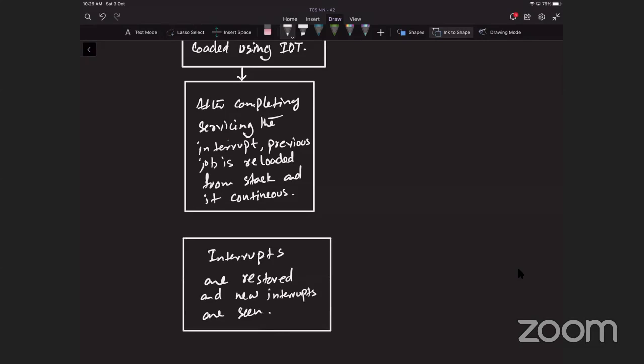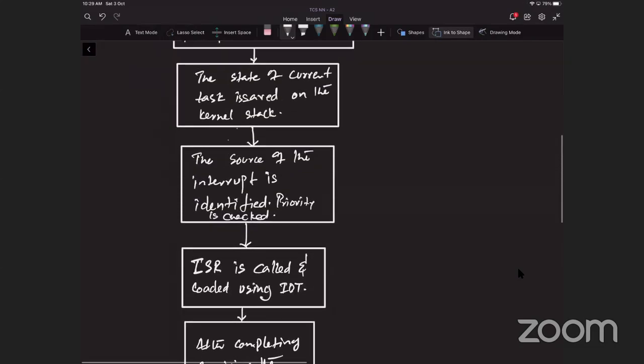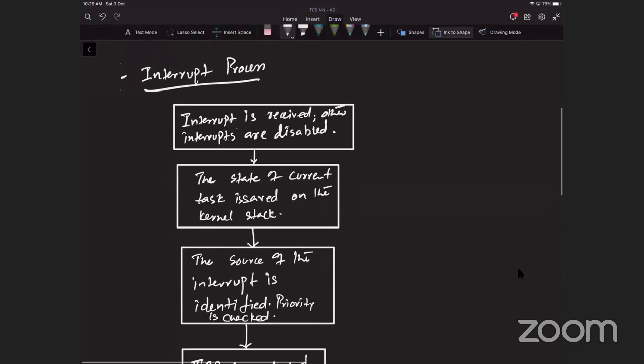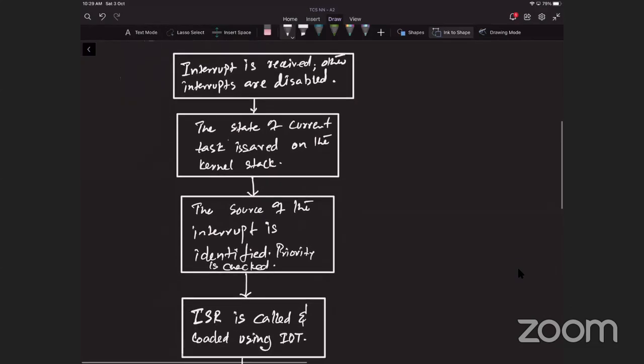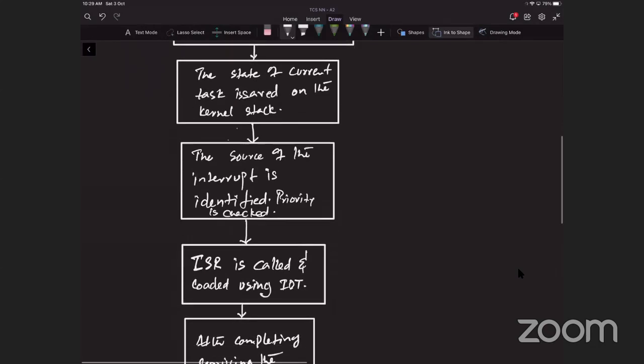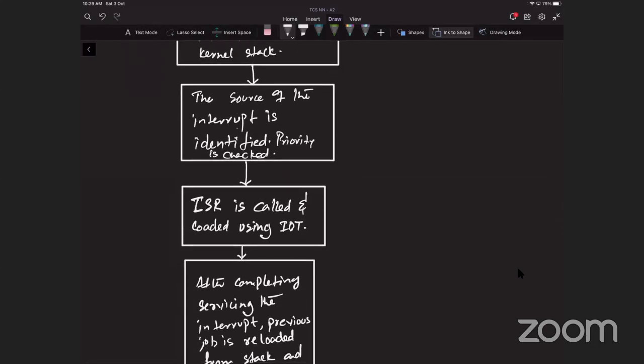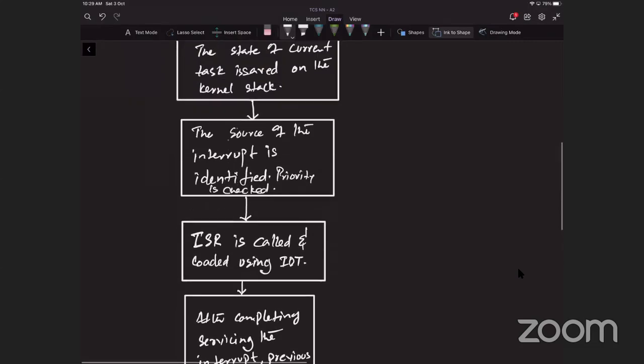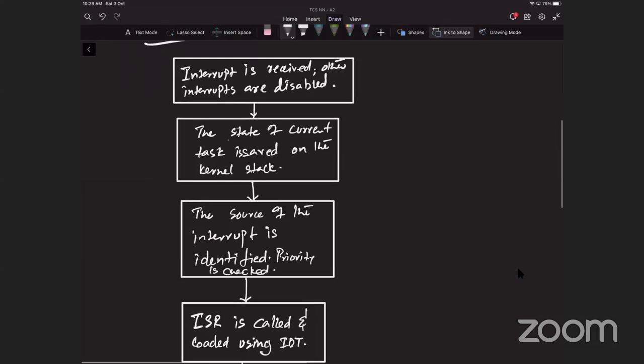So this is basically an addition to the previous understanding of ours. So an interrupt is received, other interrupts are then disabled, the state of the current task is saved on the kernel stack, the source of the interrupt is identified, the priority is checked. If the priority is low, then the current task continues.